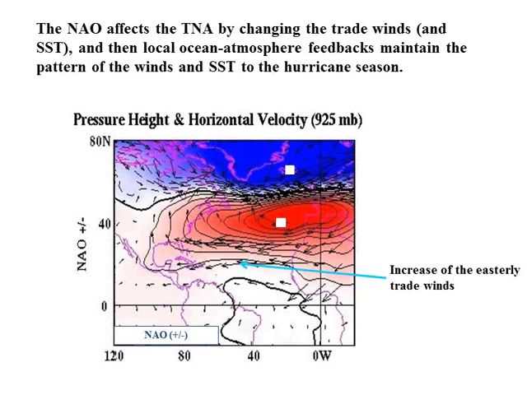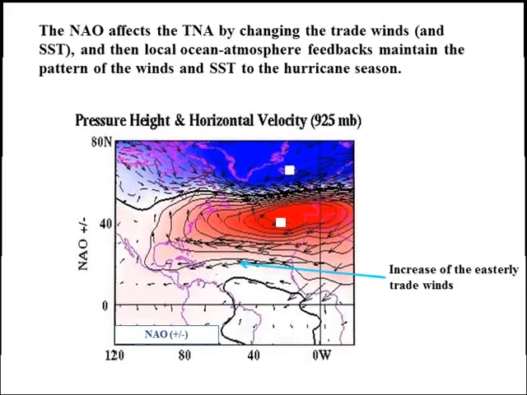We see high pressure here and low pressure at high altitude, and this atmosphere pattern induces a strong easterly wind anomaly, which increases the trade wind, and this trade wind induces the SST change. Then the ocean-atmosphere interaction feedback process continues to maintain the SST and wind pattern into the hurricane season. This is why winter can influence the summer and fall hurricane season ocean-atmosphere variables.